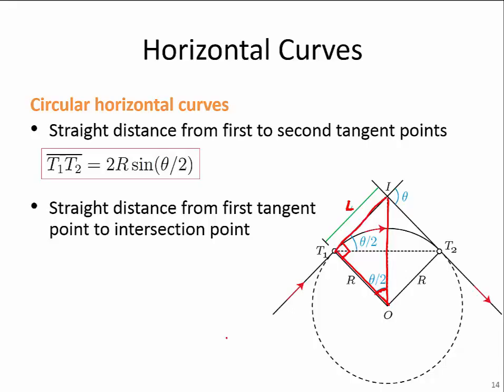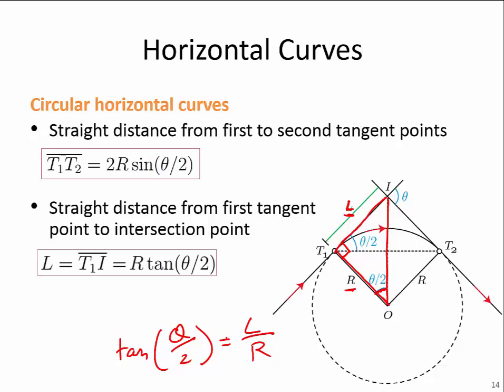And we've got R, we want to find L. Now in this case we've got opposite adjacent, we can use tan. So in this case tan theta over 2 is equal to L over R. We also rewrite L as T1I because that's what it is. So T1I is equal to R tan theta over 2.